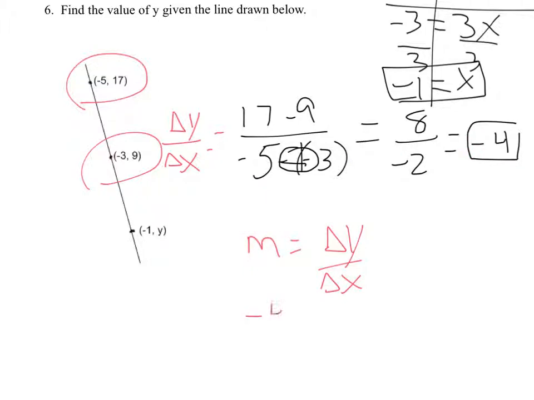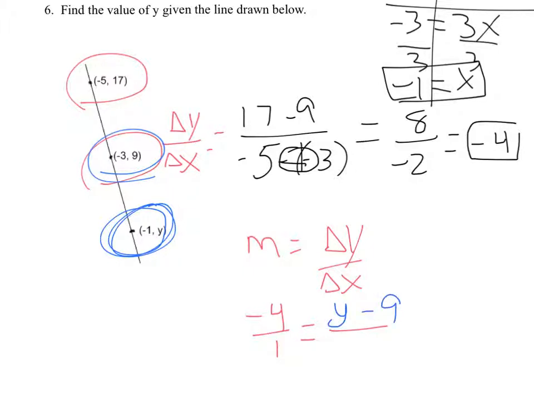So it would be negative 4 over 1 equals, and then this time I'm going to use this negative 1, y, and I can choose either of the two that I have listed here. So I'm just going to go with the one that I think is easier, the negative 3 and the 9. So on top, I'm going to start with the y coordinate this time. I like y being listed first, so I'm going to say y minus 9 on top. So the bottom is going to be negative 1 minus a negative 3.